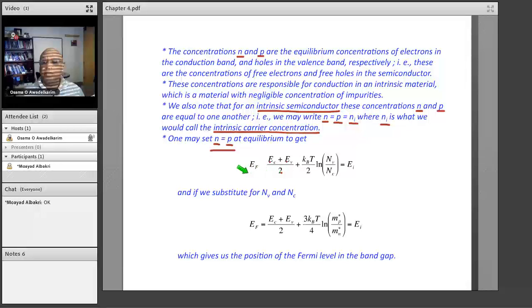So EF, this constant, which we call the Fermi level, turns out to be equal to EC plus EV, the two edges of the conduction and valence band, added and divided by 2, plus this factor with the logarithm of NV over NC and a temperature-dependent prefactor.